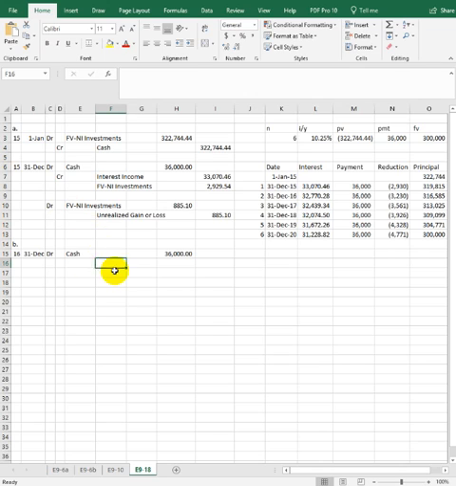So let's just do that. Credit interest income. And so that is just simply going to be the second year. And of course the difference is going to be adjusted to fair value through net income. Basically the accretion of the discount, if we use that terminology.